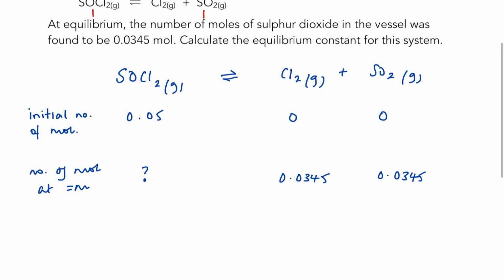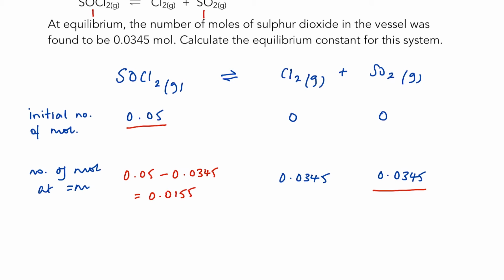I know how many moles of thionyl chloride I started with, and I know how many moles of sulfur dioxide, for example, it could be the chlorine, it doesn't matter which one we take, we make. So to work out the number of moles at equilibrium, it must be 0.05 moles, take away 0.0345, which equals 0.0155.